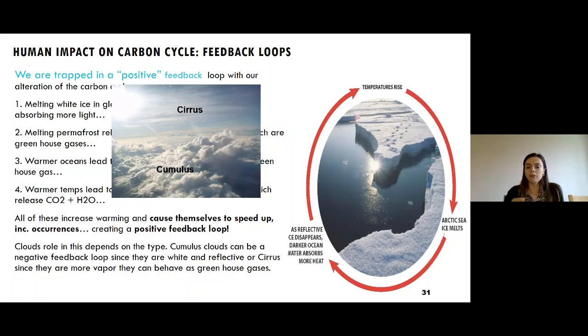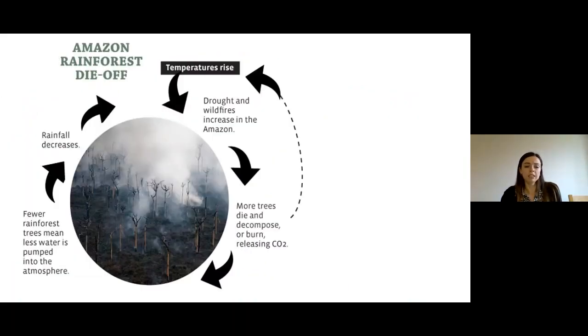So that's an example of cryospheric positive feedback. Deforestation means fewer trees, which means less evapotranspiration and less moisture entering the atmosphere. So here we have an example of the Amazon rainforest die-off. Okay. Look at the screen there for a second.